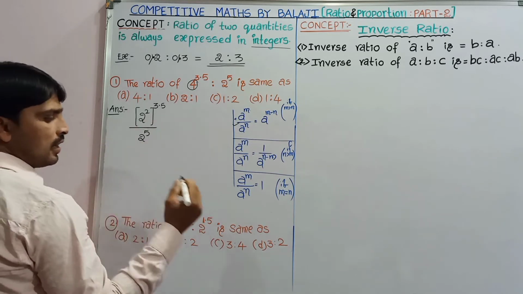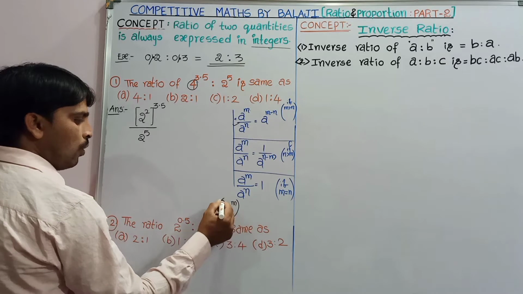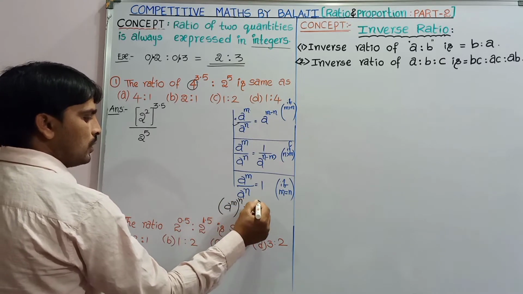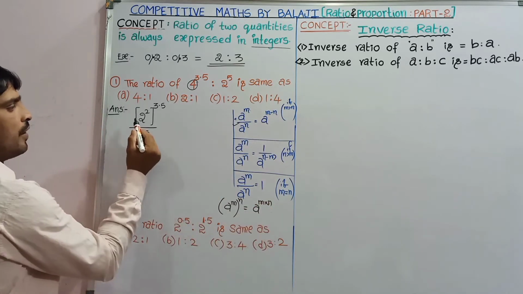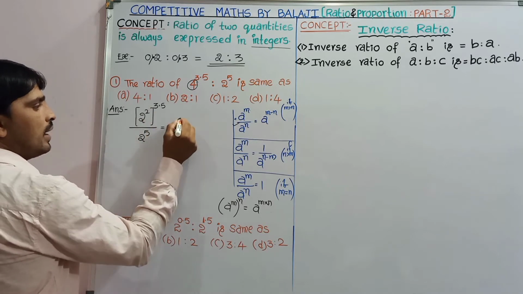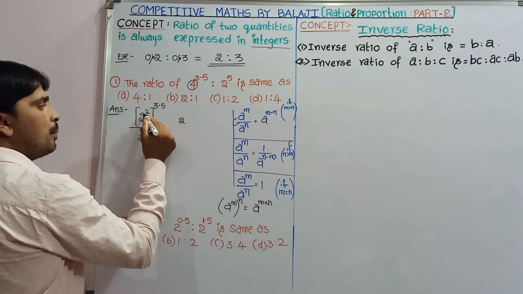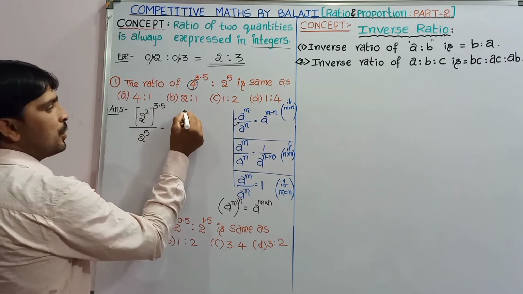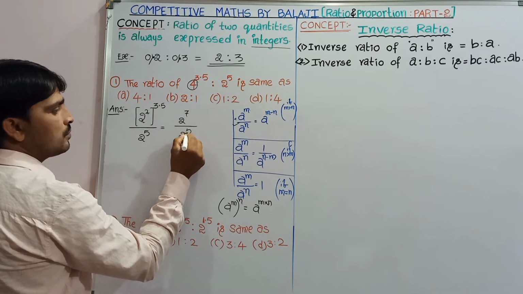Another formula we have to learn here: a power m whole power n equals a power m into n, the product of both exponents. In the same way, 2 square whole power 3.5 is 2 power 2 into 3.5. Twice 3.5 is 7, so we get 2 power 7 by 2 power 5.